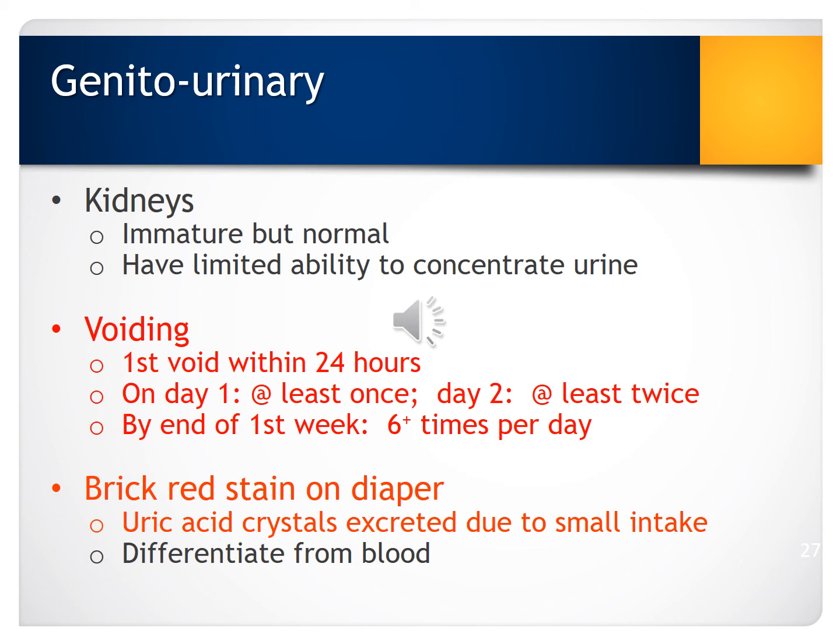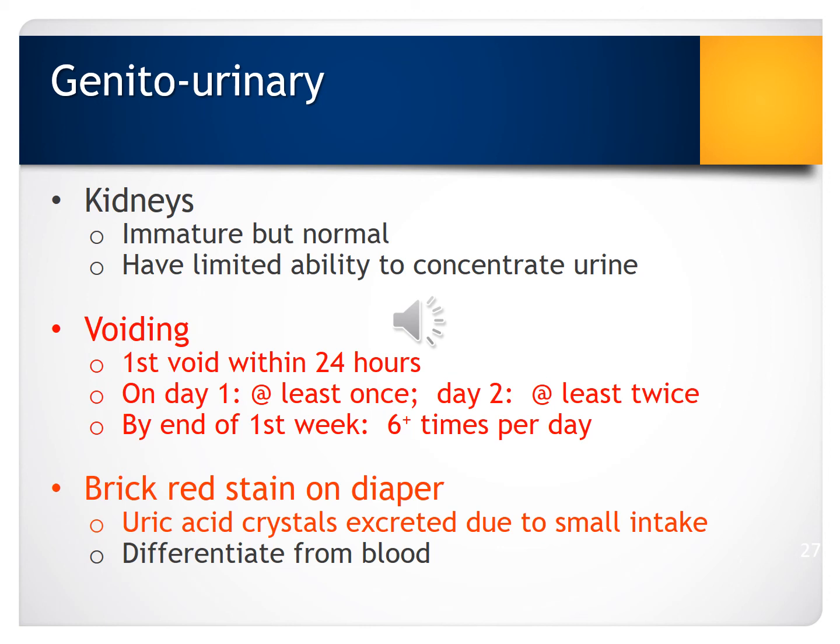By the end of the first week, there should be at least 6 wet diapers a day. And this is important when we're discussing breastfeeding. How do moms know, or one of the signs they can tell that their newborn is getting enough milk and that it's staying hydrated, is if it has at least 6 wet diapers a day.